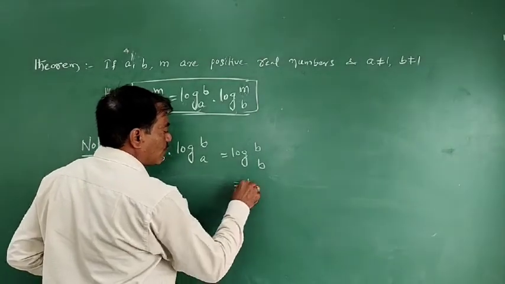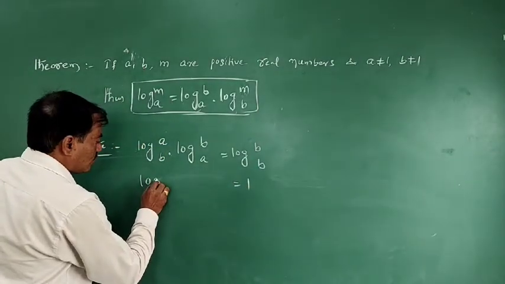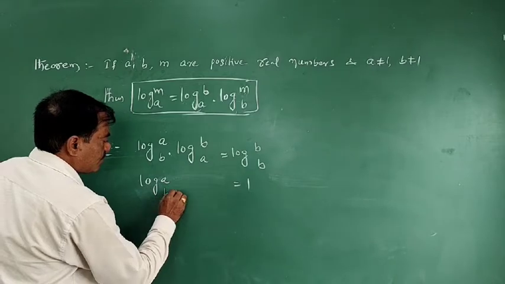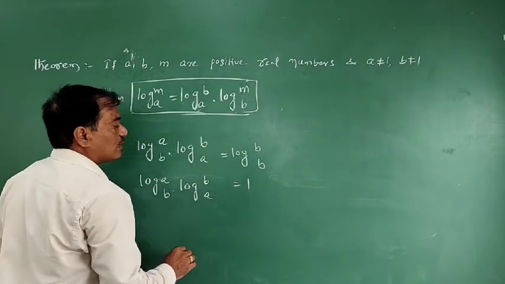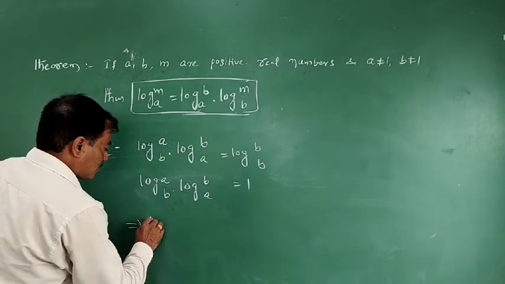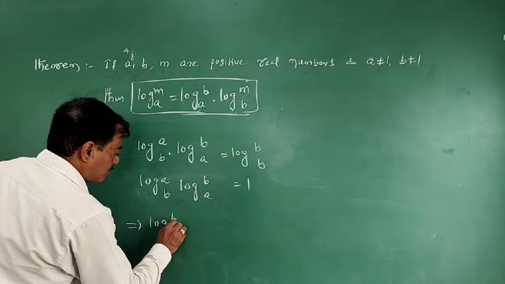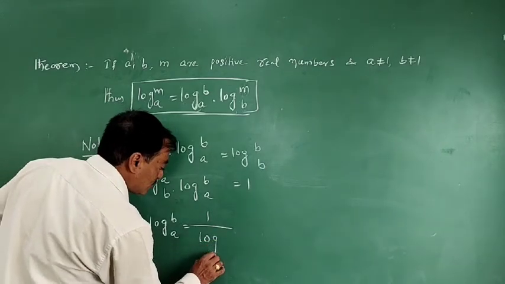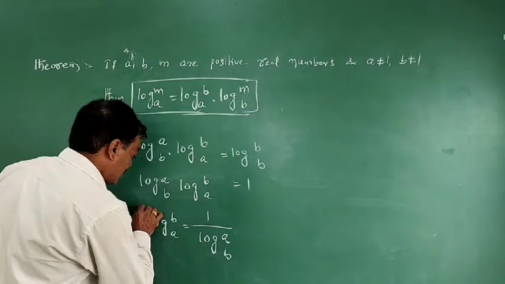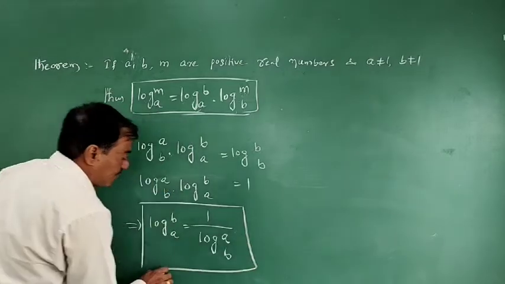This is equal to 1. So log a to the base b into log b to the base a equal to 1. This implies log b to the base a equal to 1 by log a to the base b. So this is one more important property.